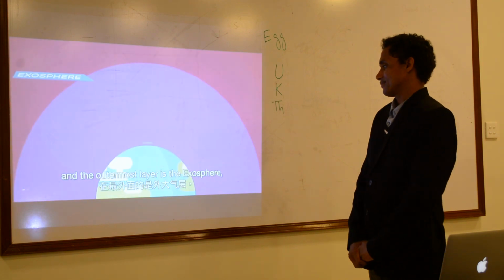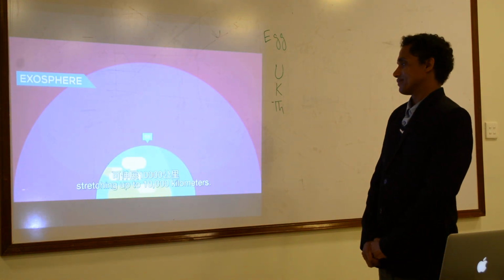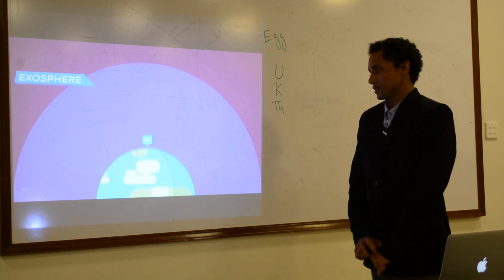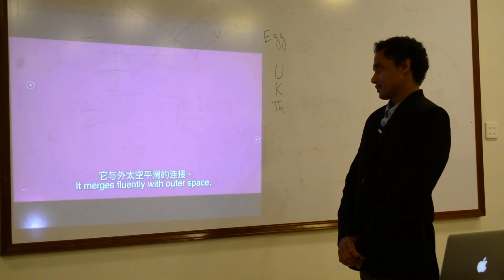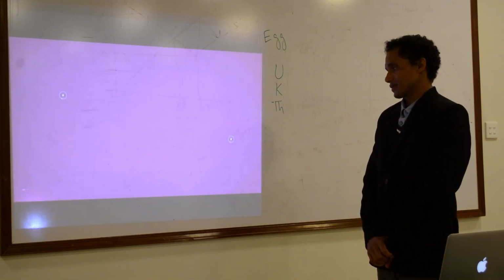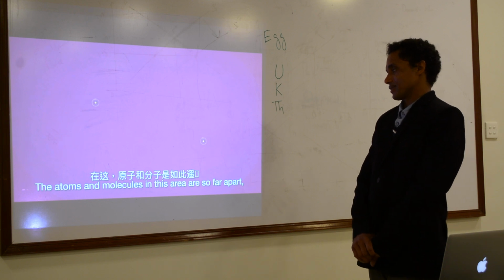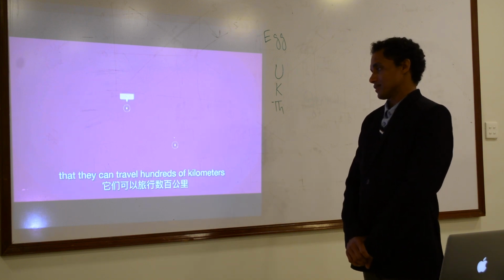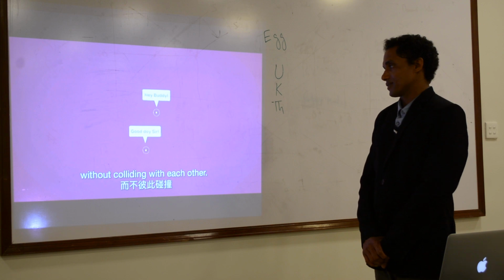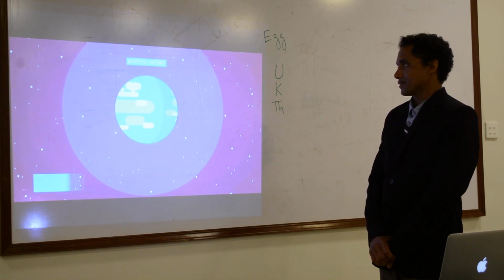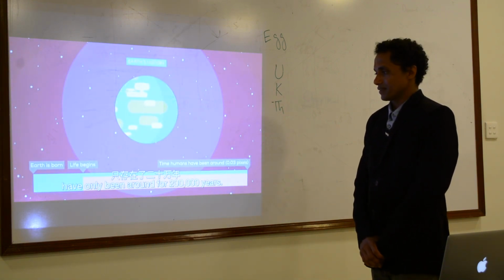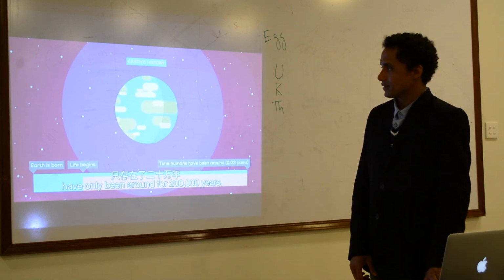And the outermost layer is the exosphere, stretching up to 10,000 kilometers. It merges fluently with outer space, where there's no atmosphere at all. The atoms and molecules in this area are so far apart that they can travel hundreds of kilometers without colliding with each other. Humans in their present form have only been around for 200,000 years.